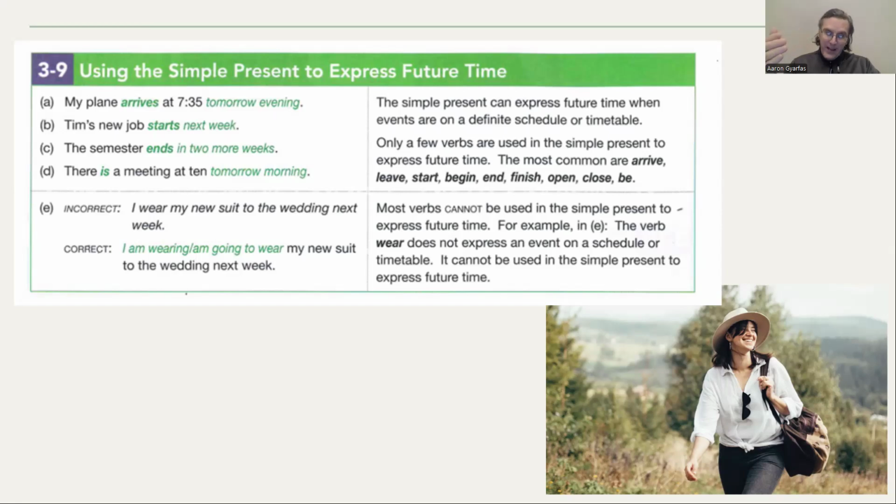The flight schedules at an airport, when the plane arrives, when the plane departs, bus schedules, when the bus comes to the bus stop, when the bus leaves. Okay? Businesses open at a certain time of day and they close at a certain time of day. At the cinema, movies start at a certain time and they end at a certain time.